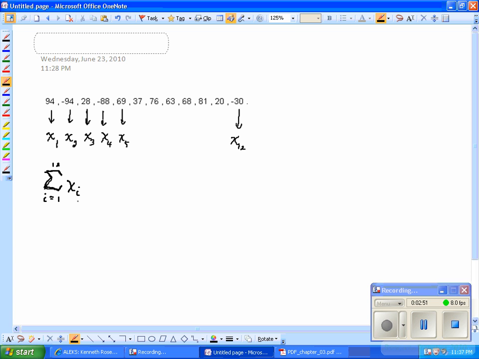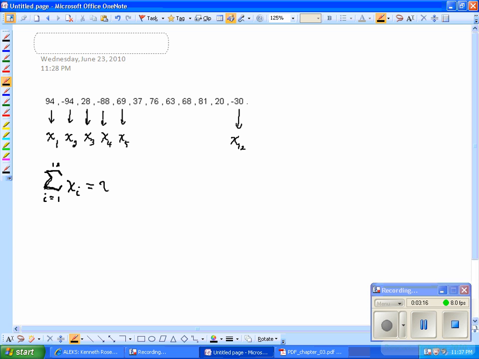So let me say that one more time. This is an interesting little notation. The sigma is telling us to add, and the index is telling us to add as the index changes from 1 to 12, this variable that follows with this index. So we're going to add up all the x's as the index changes from 1 to 12.